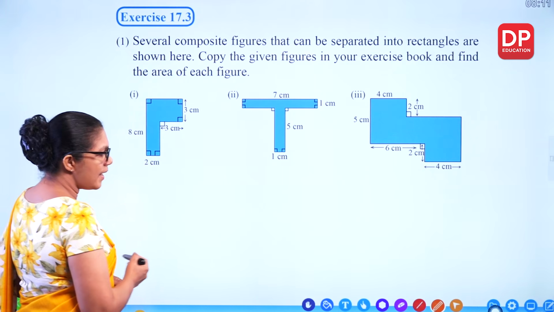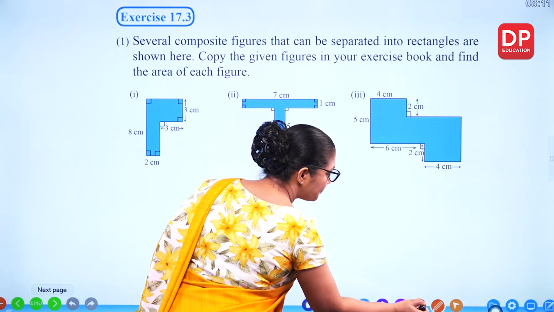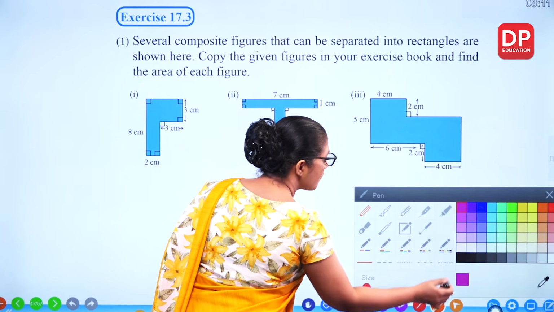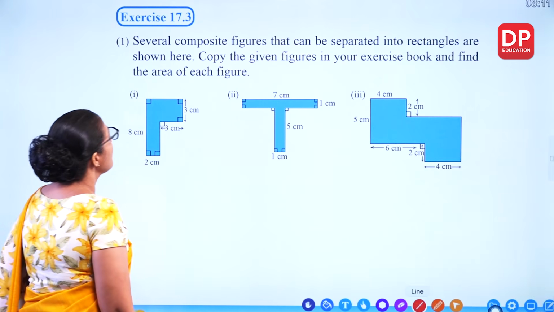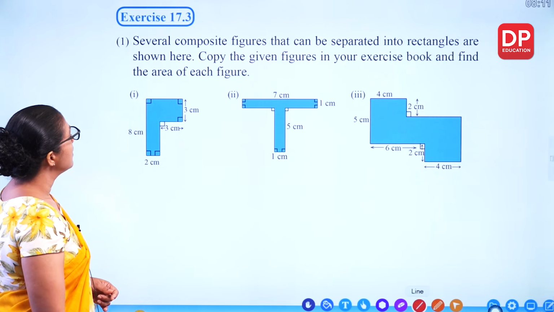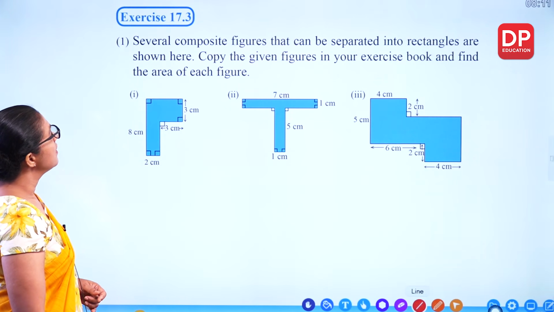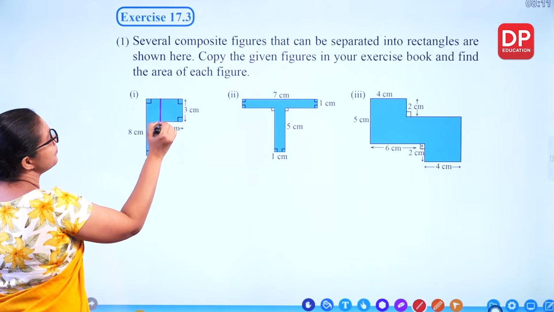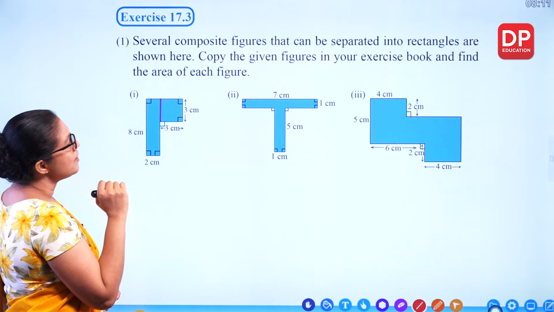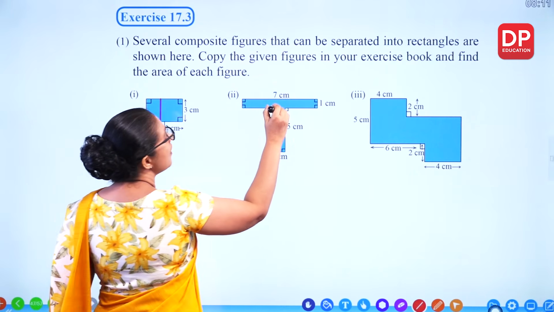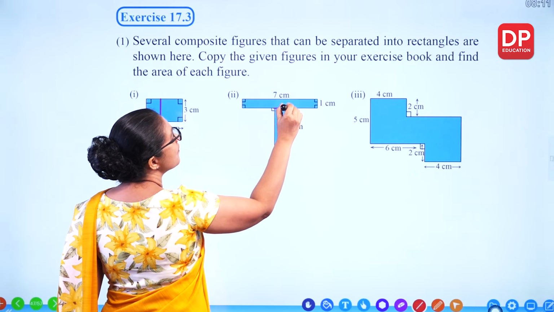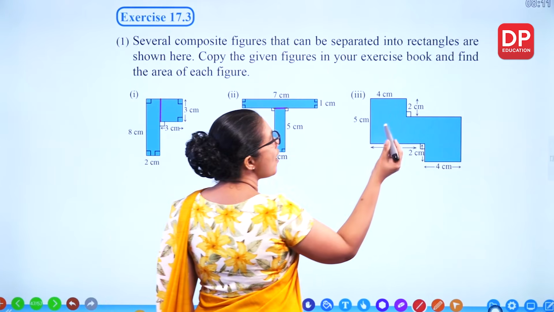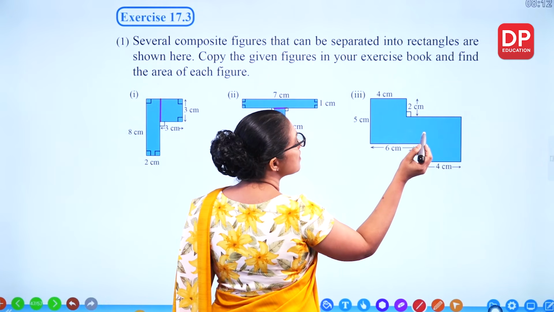So we'll divide these figures and see. Which way can we divide? I can divide this way. And this one, I'll divide this way. And here, you have to divide into 3 parts.